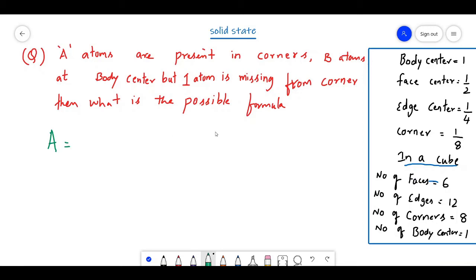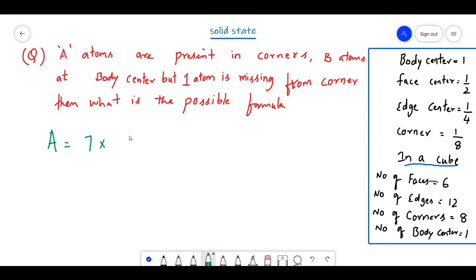And here corners, the number of atoms are 8. And here he is telling that one atom is missing from the corner. So we have to take one atom less in the corners, that is you have to take only 7. Instead of 8 we have to take only 7. Why means in the question he mentioned one atom is missing from the corner. So only there will be 7 atoms instead of 8.